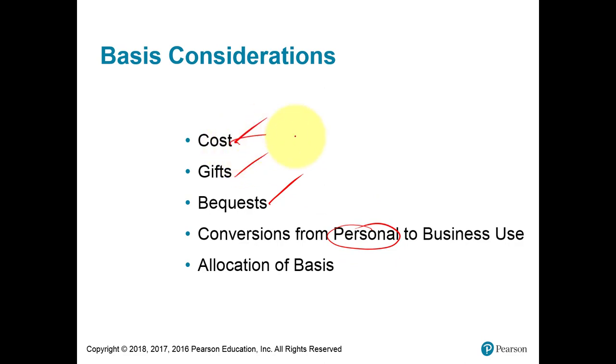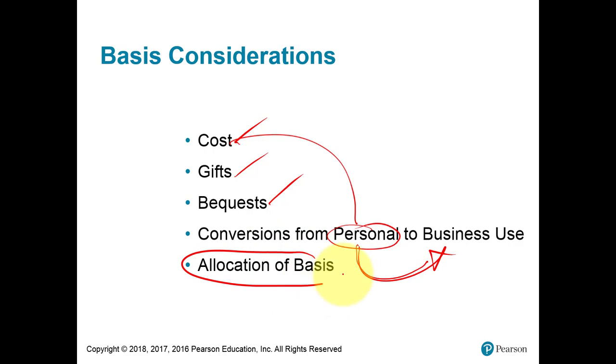Personal use could be the cost, but then later on you convert it to business use, and maybe the cost will carry over here, or maybe if the value at the time you do this conversion from personal to business, we use that lower valuation, fair market value amount. Here it kind of mentions that if you have one big basis for lots of different things you buy, you're going to have to chop up the cost between all those different assets you buy.